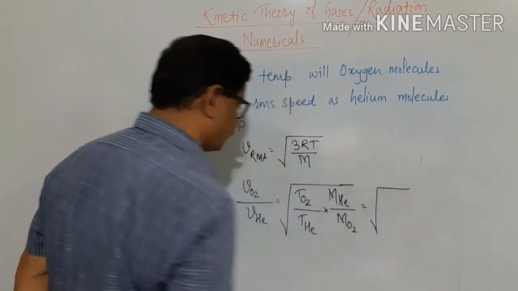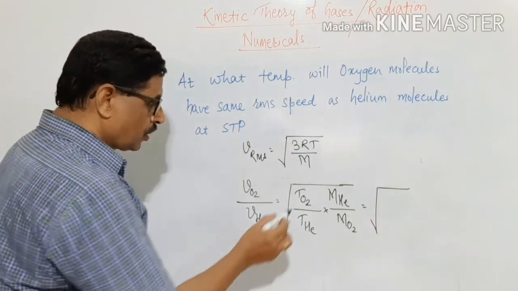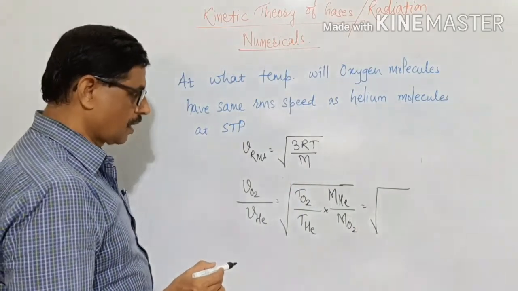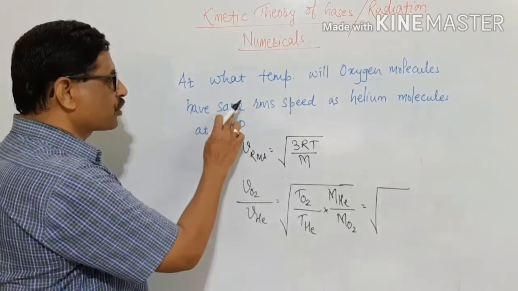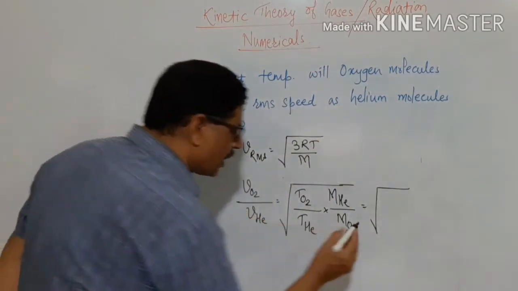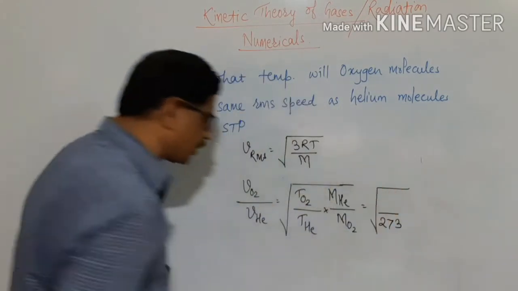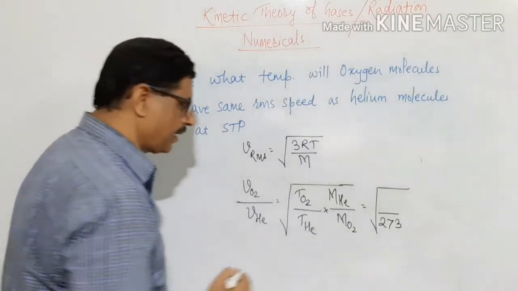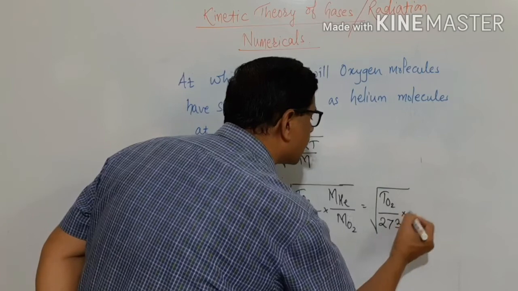Here the oxygen and helium are at two different temperatures and have the same RMS speed as helium molecule at STP. Therefore, helium is at STP, therefore its temperature is 273, and we have to determine the temperature of oxygen.